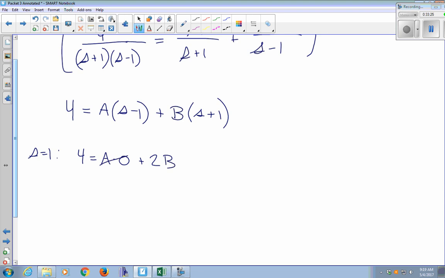So that was a convenient choice of s because now I only have one variable, and I get b is 2. What would another convenient choice of s be? Minus 1. So this says 4 equals a times negative 2 plus b times 0. So that term goes away, solve for a, and you get negative 2.